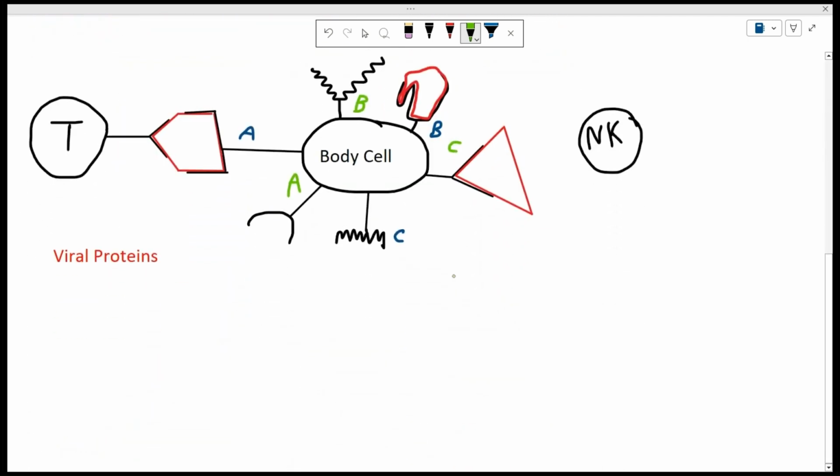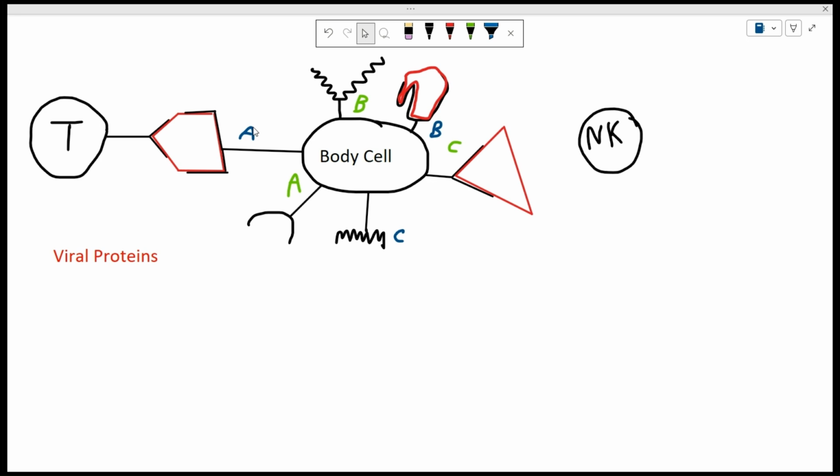All right, well, why is this? In order to understand that, we have to understand how these cells work. Right here we've got a T cell, and this T cell is going to bind to this body cell. Your body cells have HLA markers. You have HLA A, B, and C. Half of those you get from your mom, half from your dad. I did the ones you got from your dad in blue, and the ones from your mom in green.